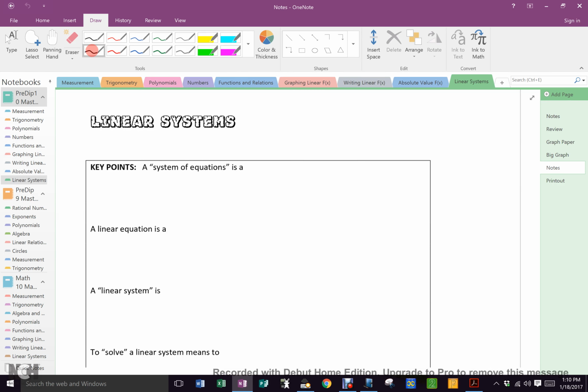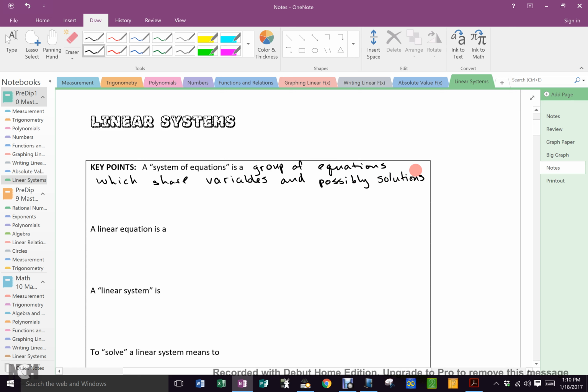All right. So, a system of equations is a group of equations which share variables and possibly solutions.